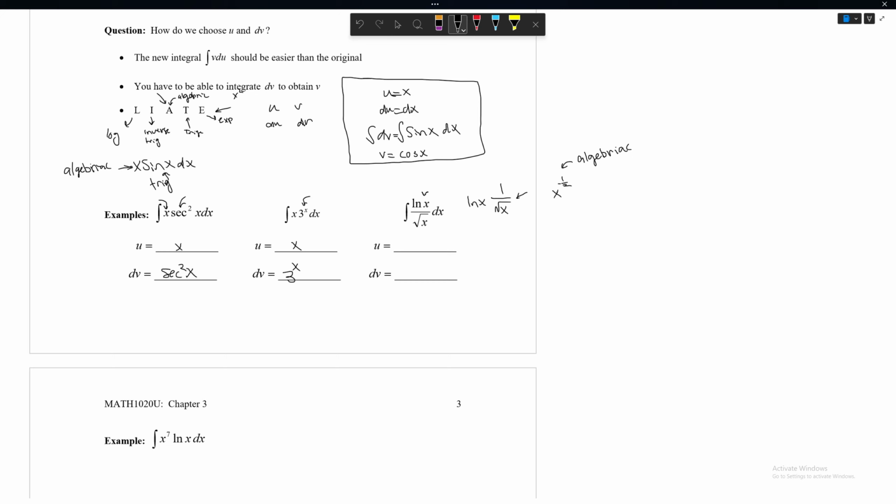All right, ln x is a log, right? And so log comes first, and algebraic comes second. It's pretty straightforward, I'd say. But don't forget, your dv takes the whole thing that's left. And that would be your dx included. Same thing here.